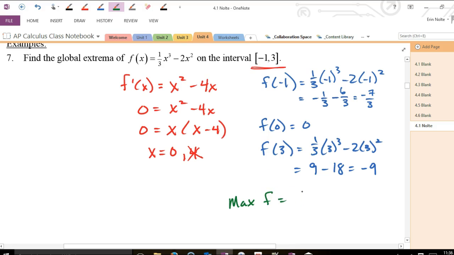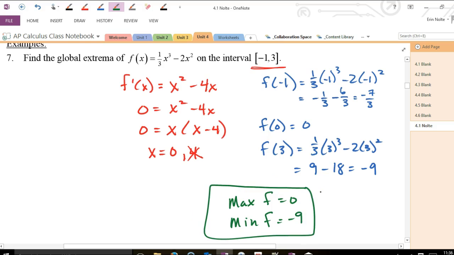Since they're giving me the notation of f of x, I'm just going to say that f is 0, because that's my y value. Just using their notation. And what was the minimum value? Negative 9. Nice. So what do you guys think? Hard? It's not too bad, right?